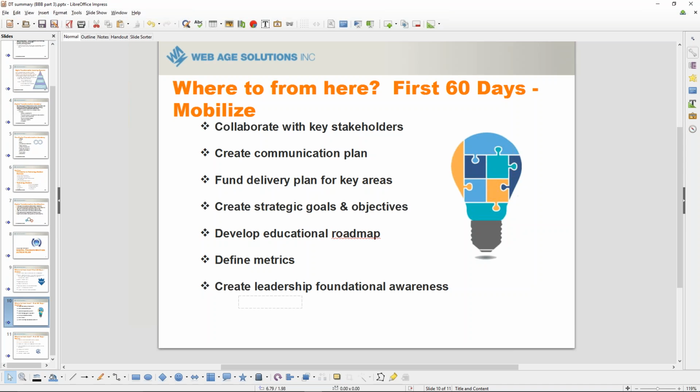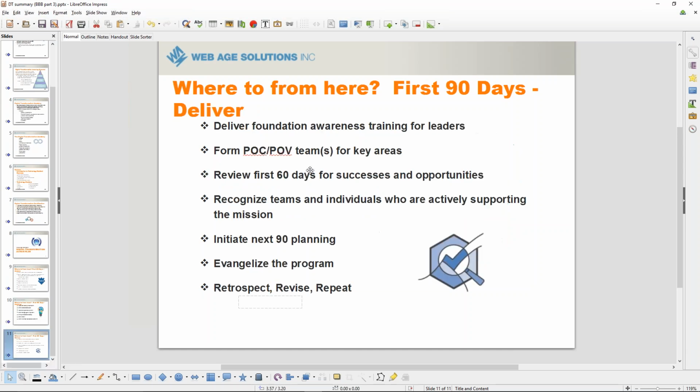You need leadership to say, yes, we're going to do this and I am going to lead it, or you're probably not going to get very far. So you need leadership buy-in as a minimum. You need leadership ownership of this as a success factor.